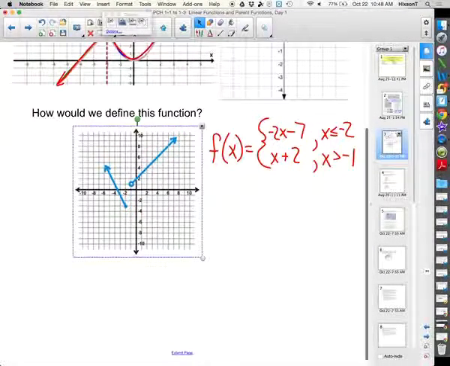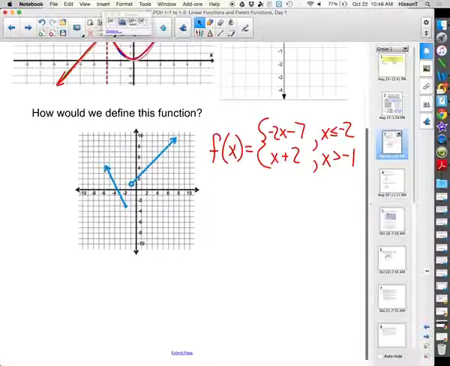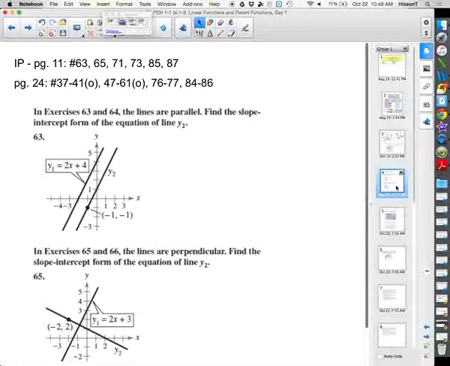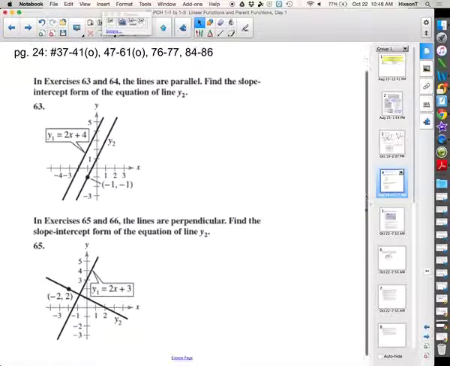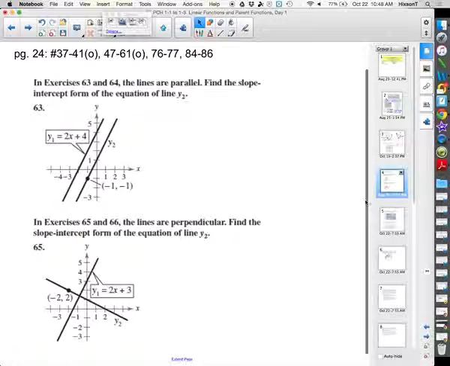Alright, any questions? Final questions? Good. Alright, so here's what I did. I gave you a number of different problems of various types. So what I want you to do is look through these, okay, work with somebody, and you know, here's one on finding slope-intercept form of a line that's parallel to another one, and a line that's perpendicular.